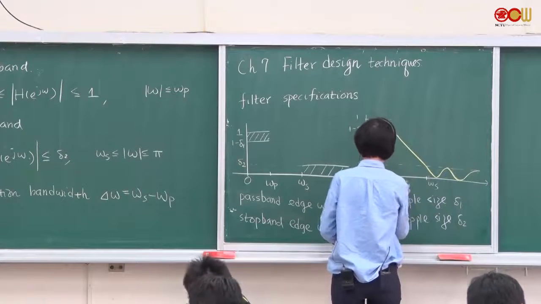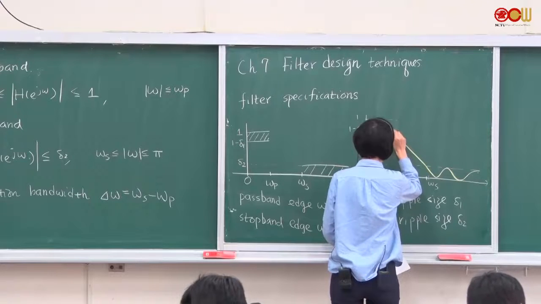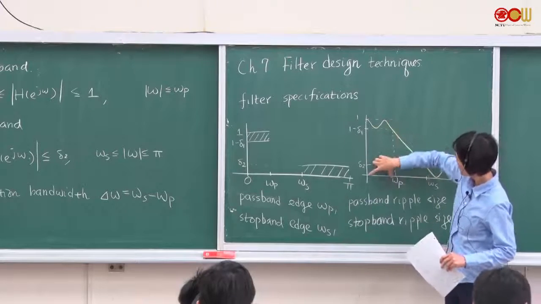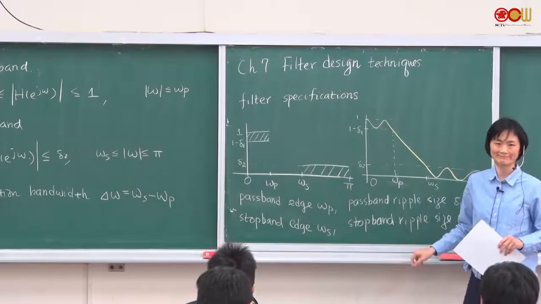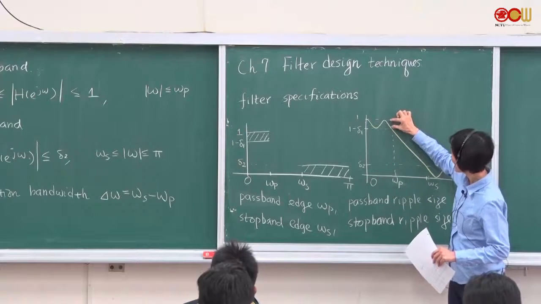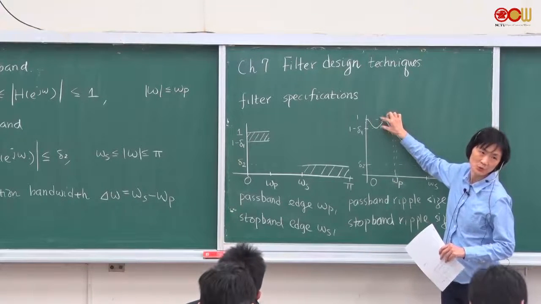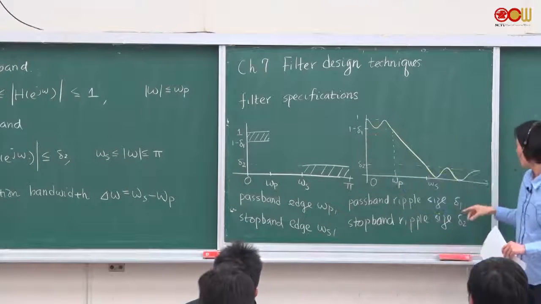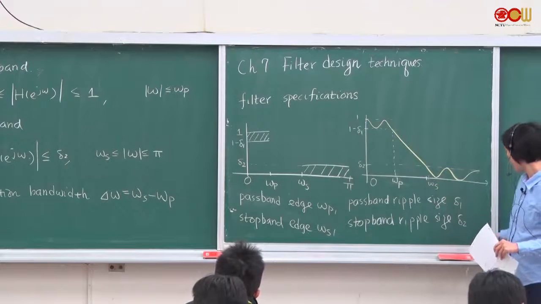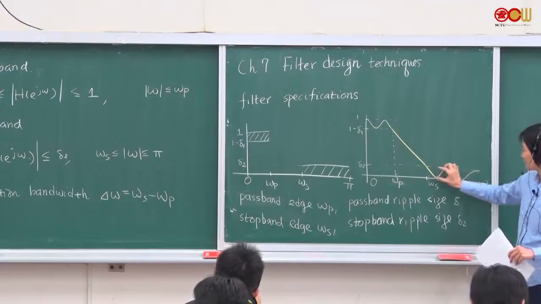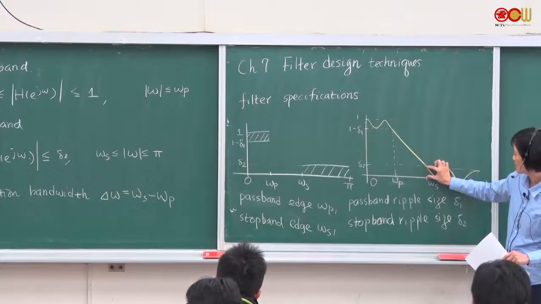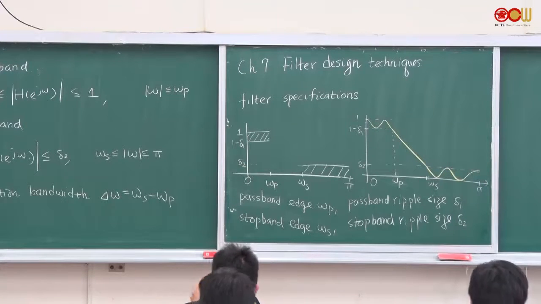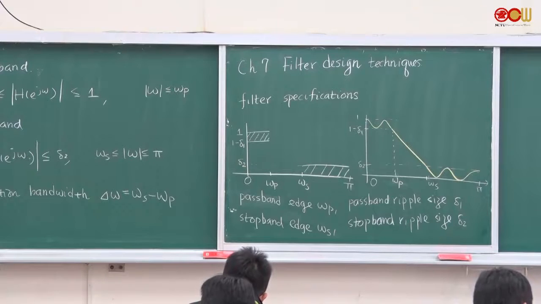Then we check to see if it satisfies the specification. Between 0 and omega P, it's in the range between 1 and 1 minus delta 1. And from omega S to pi, it is satisfied, it's less than delta 2. Right, so that's a typical specification for a low-pass filter.